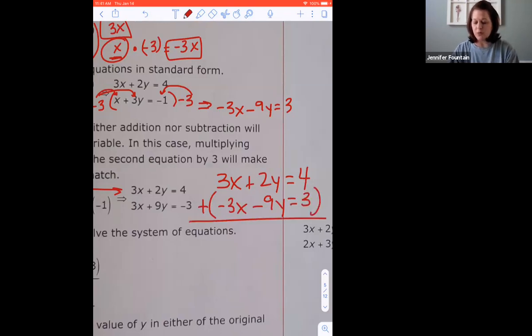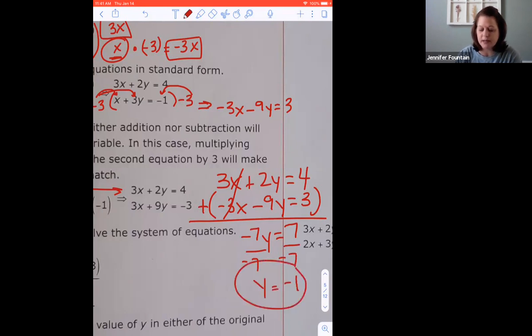We're going to take that equation and bring it down. So now 3x plus a -3x cancels out. 2y minus 9y is -7y. And 4 plus 3 is 7. Divide by -7, divide by -7. So y is equal to -1.